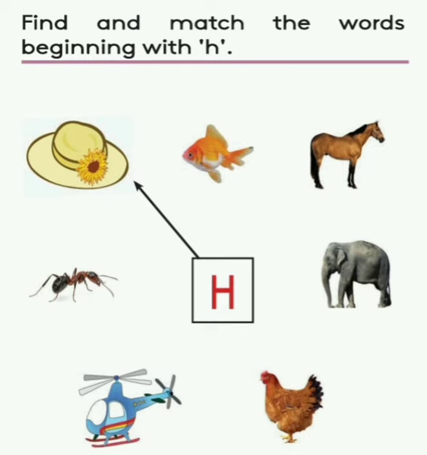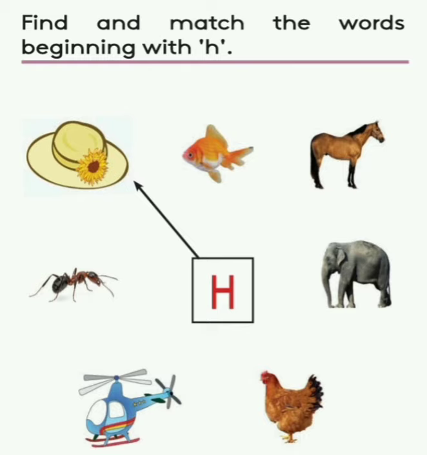So I'm going to repeat the reading. Hat, fish, horse, elephant, hen, helicopter, ant. Whatever the words that I identified with her sound, H sound, you are going to match it out.